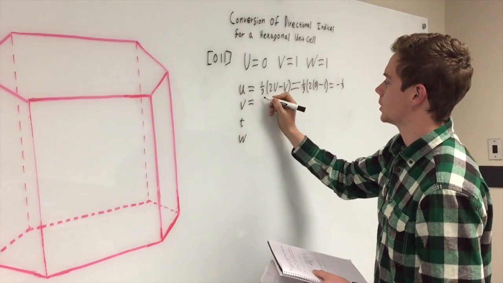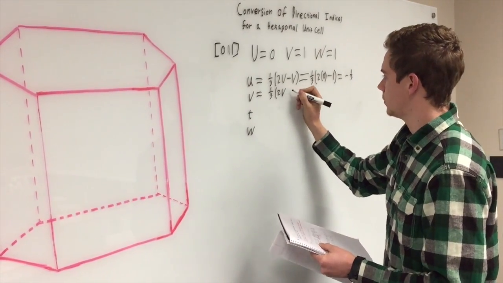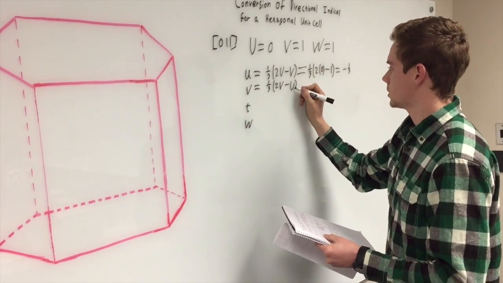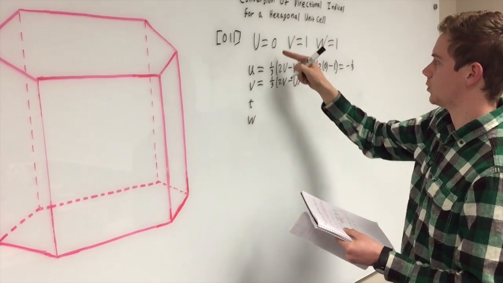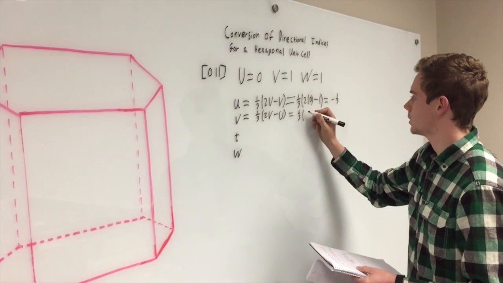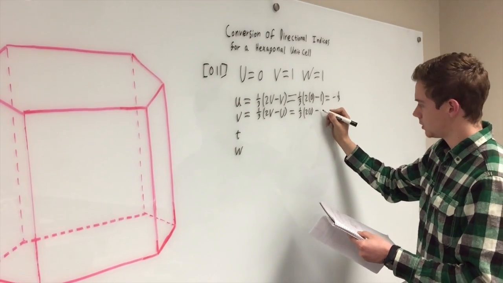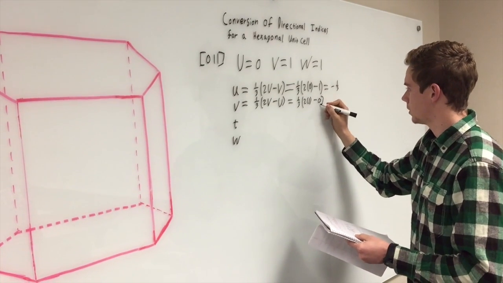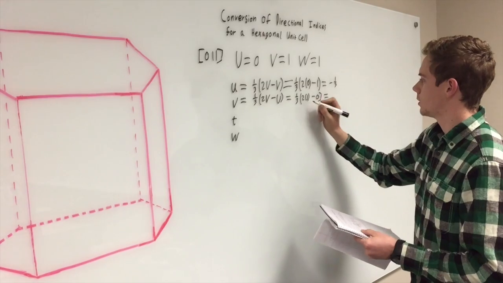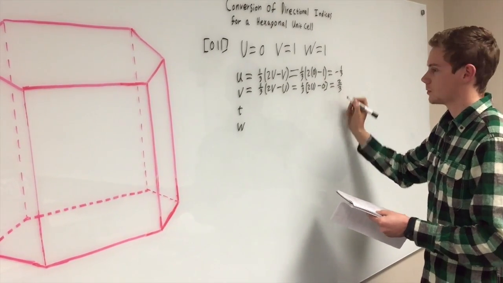Then we're going to find lowercase v using this equation, so that's V from here and U from here. And evaluating that will give us 2/3.